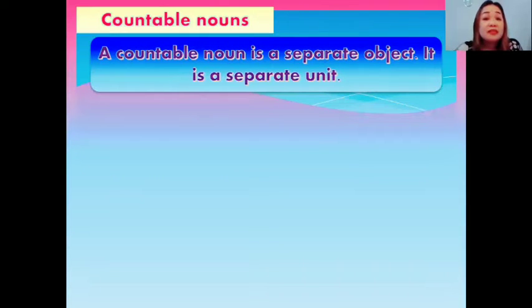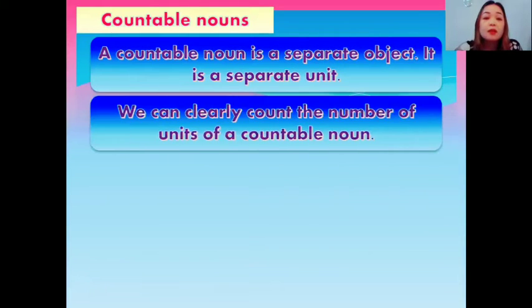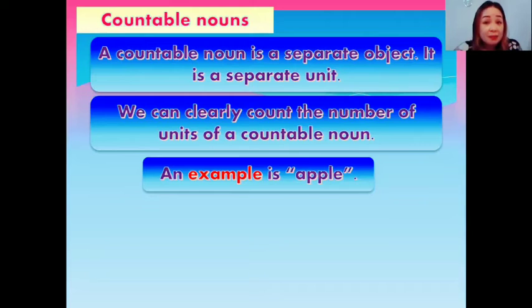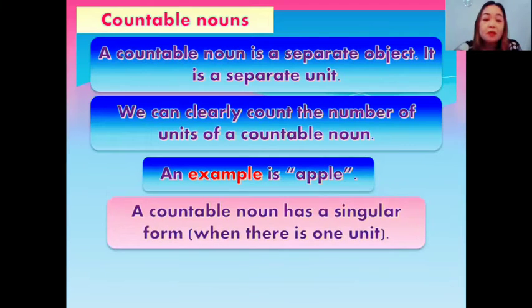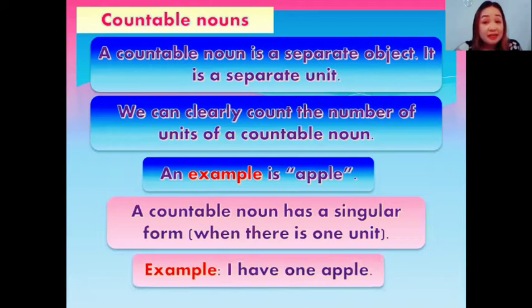A countable noun is a separate object. It is a separate unit. We can clearly count the number of units of a countable noun. An example is apple. A countable noun has a singular form when there is one unit. Example, I have one apple.